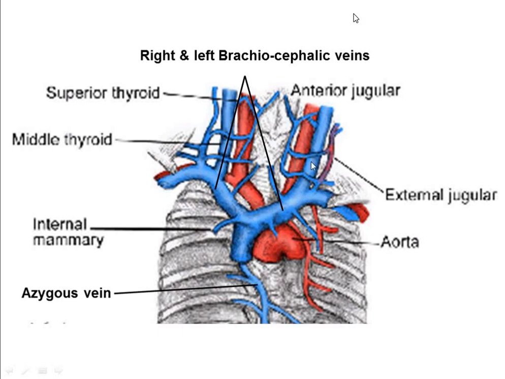On the right side, right subclavian with the right internal jugular forms the right brachiocephalic vein. Since the right side is the venous side, the left brachiocephalic vein crosses the arch of aorta anteriorly to join with the right to form the superior vena cava.